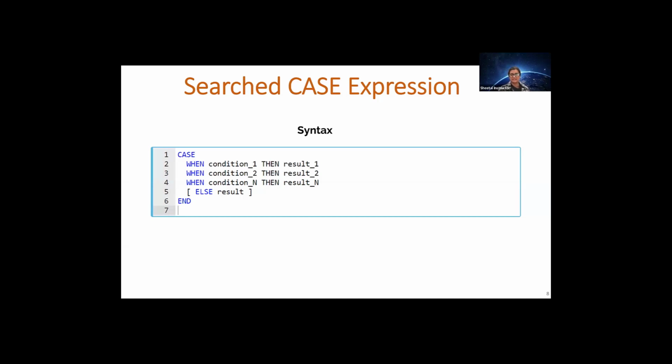If the age is 18 to 21, then you can say young adult. 21 plus, mark as adult. There are so many examples, but the point is you are evaluating some kind of condition. It's not just a single column or expression. You are applying some kind of logic or formula to evaluate a condition. That is called a searched case expression.